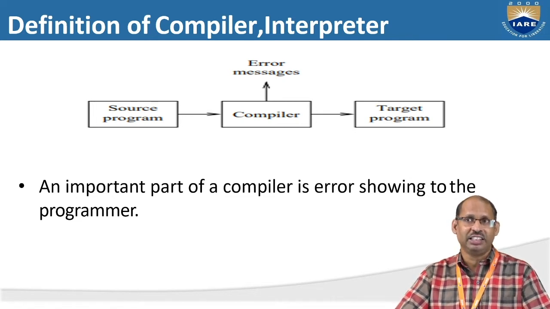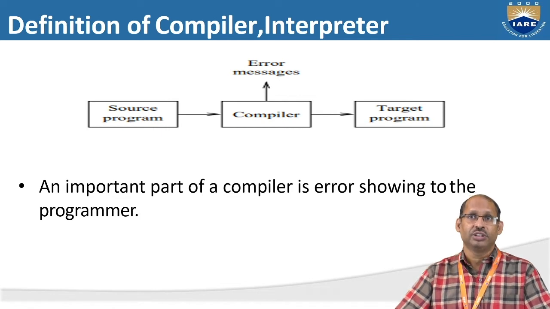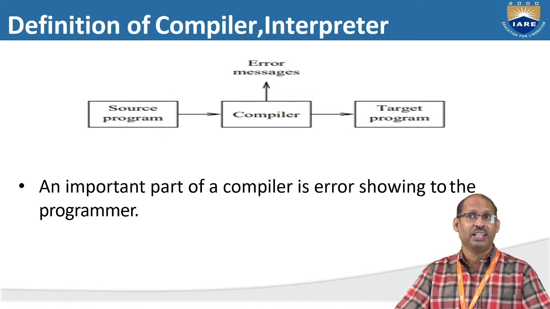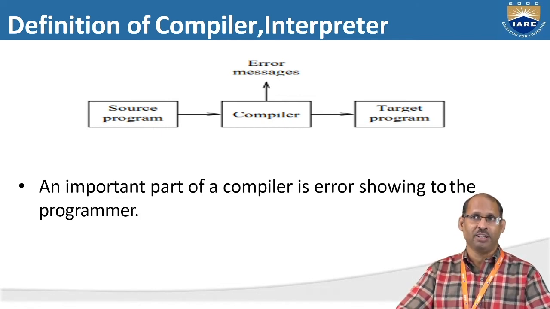Unless he understands the errors, he cannot rectify the programs. Right? So the compilation process also includes generating proper error messages. A source program will be the input to the compiler.